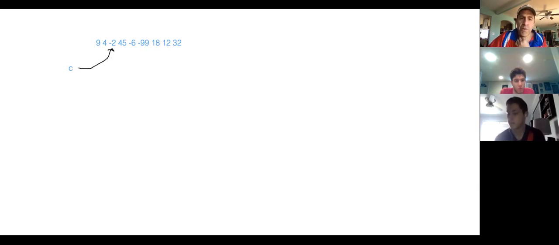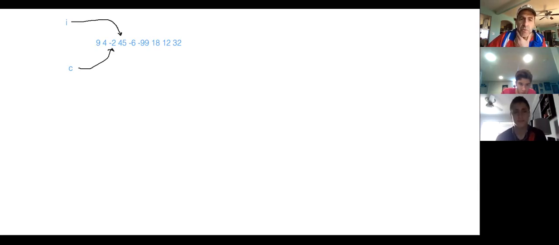You understand why we do not increment C? Yeah, because it's negative. Right. So we do increment I. I is now pointing at 45. That is greater than 0.